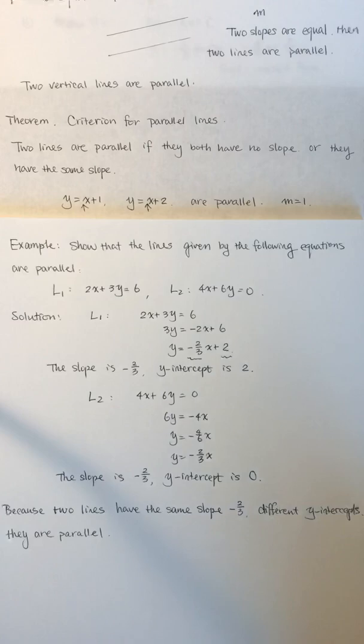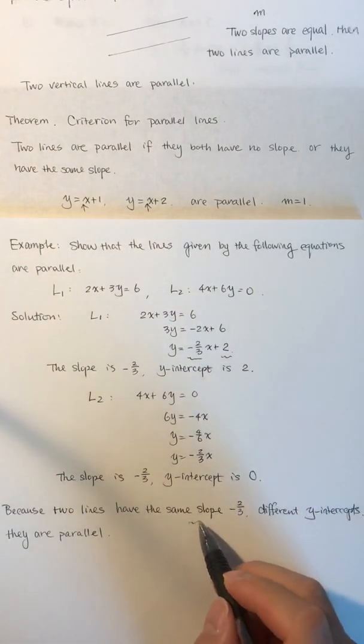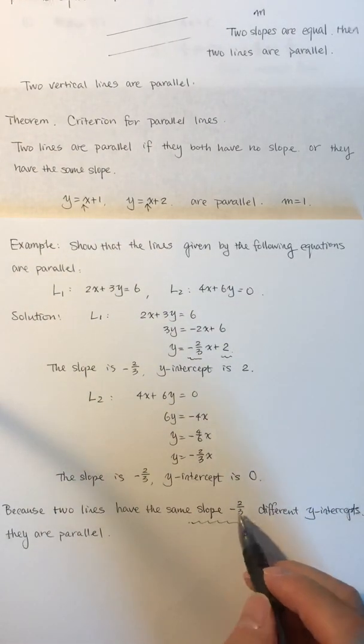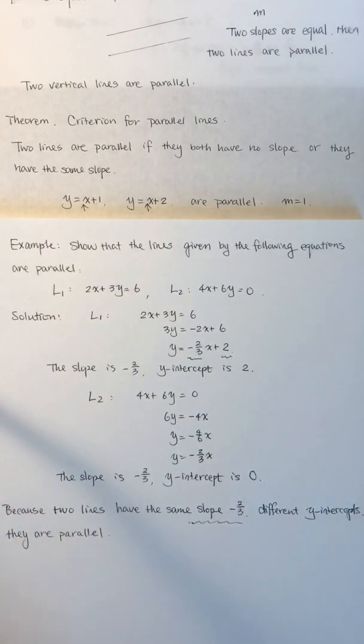They are parallel. Okay, so this is a criterion. Two lines that share the same slope are parallel.